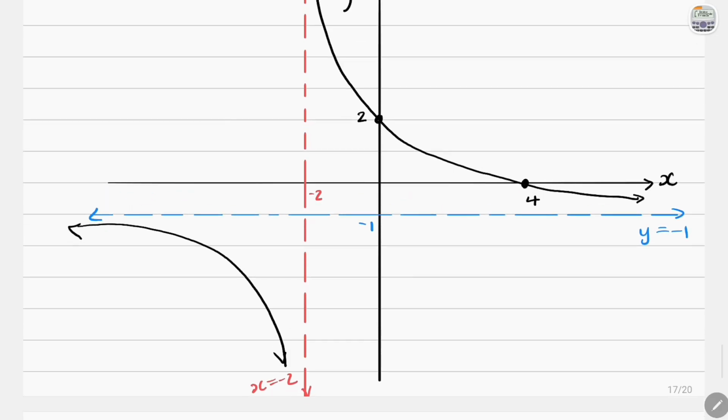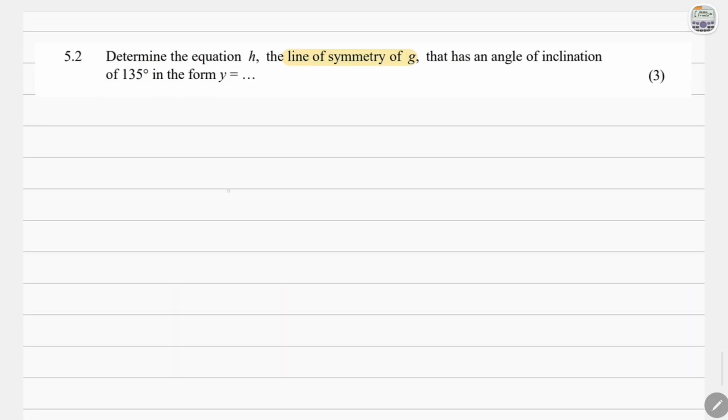But how would you find it? Well, to find the actual gradient, all you're saying is it creates a 135-degree angle with the x-axis. To find the gradient of a line, when you have its angle of inclination, you say tan theta is equal to the gradient.